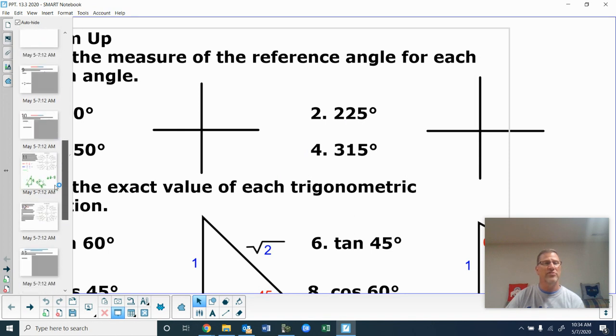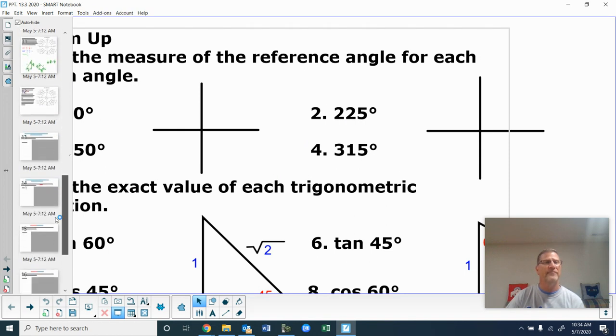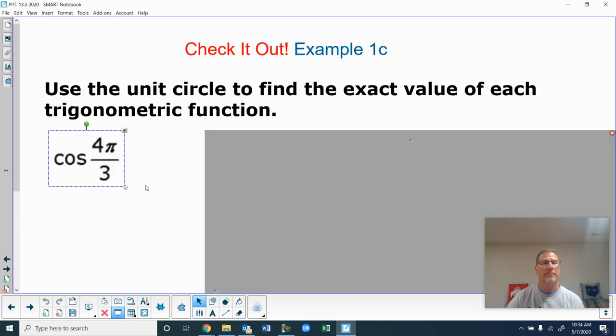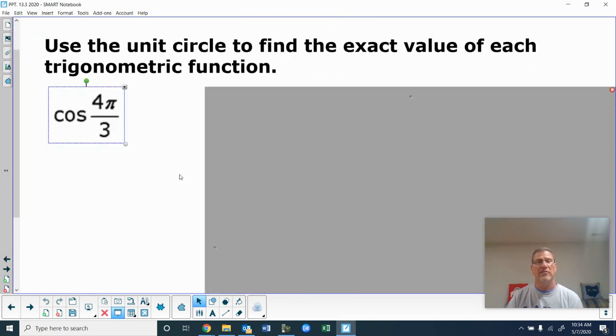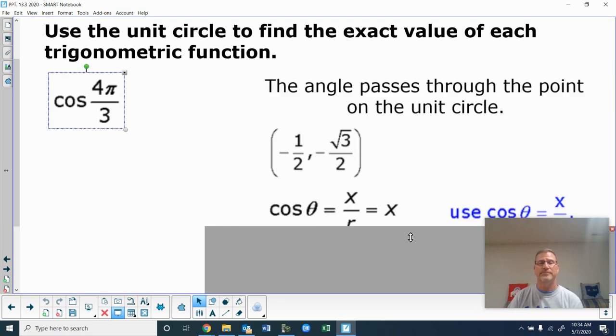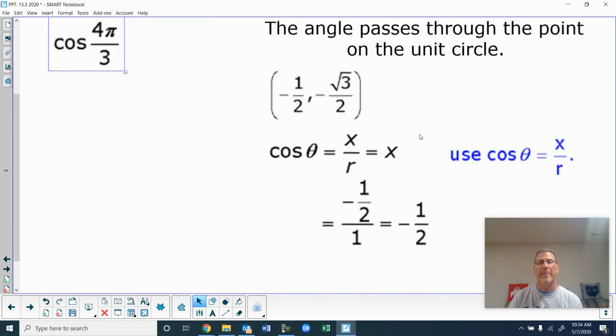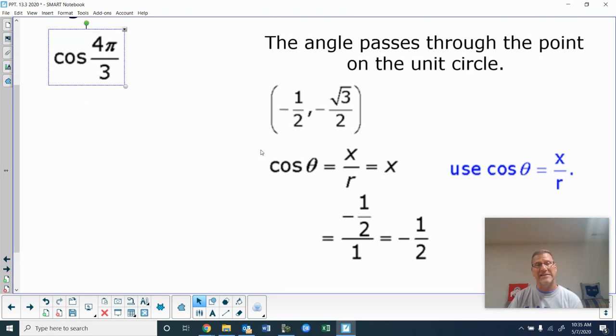Again, just look at the pictures. All right, so 4 pi over 3. So again, cosine is the x value of the point, so it's negative 1/2.